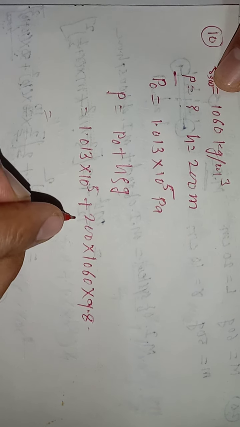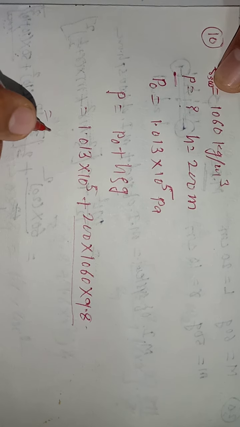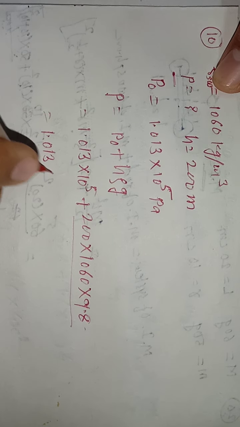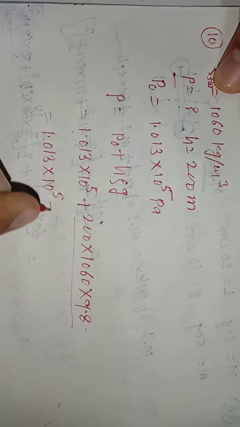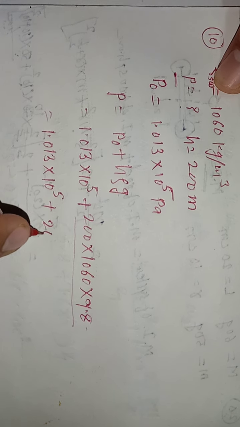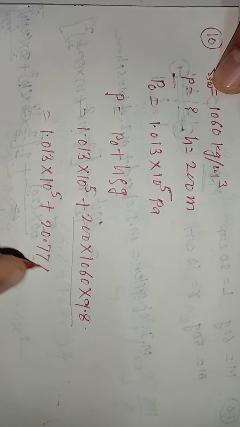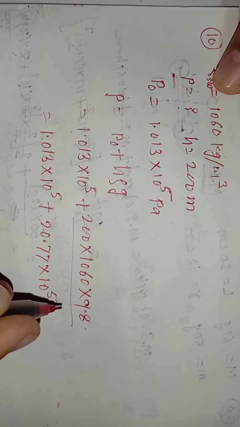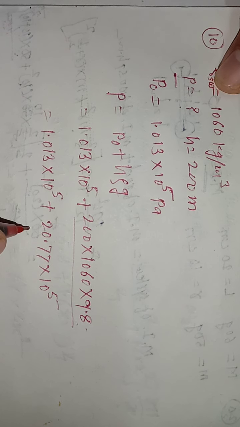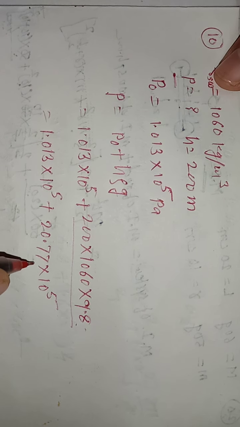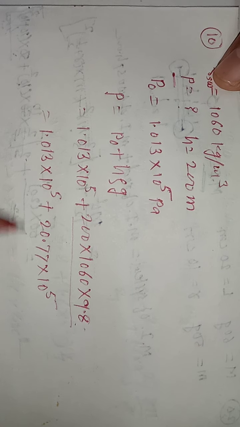When we multiply all these, we get 1.013 into 10 raised to 5 plus 20.77 into 10 raised to 5.